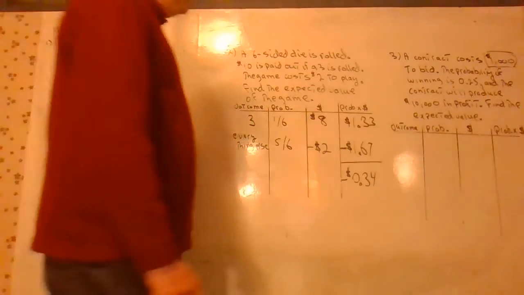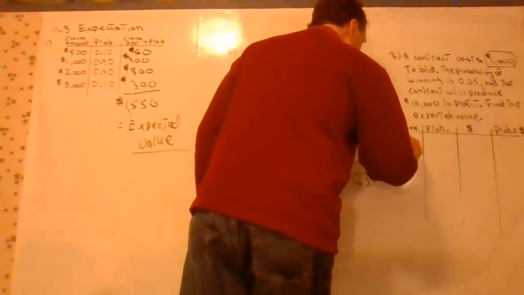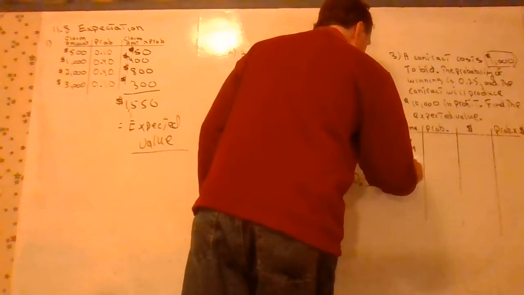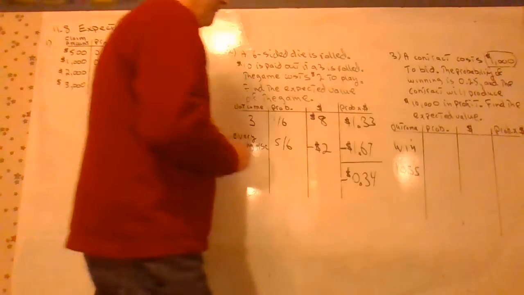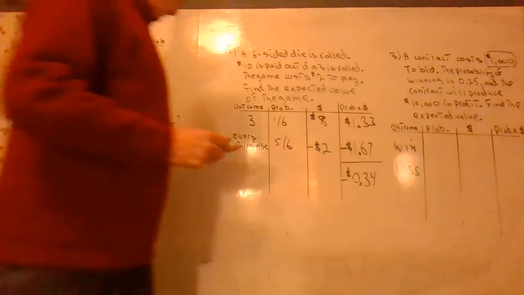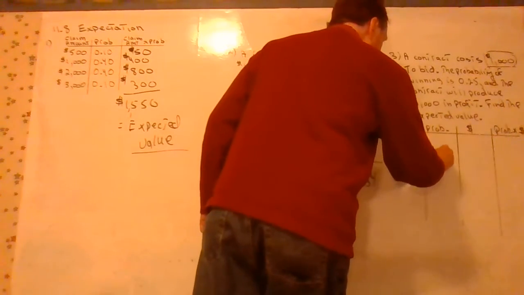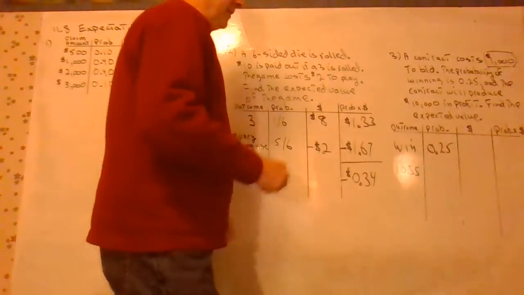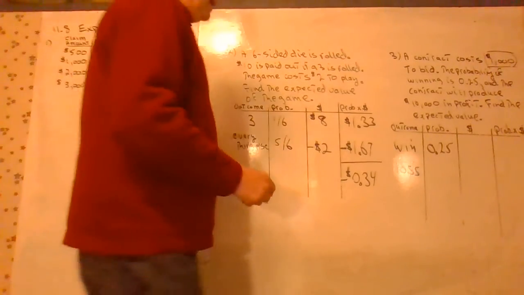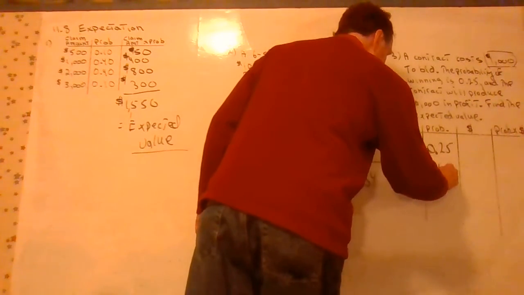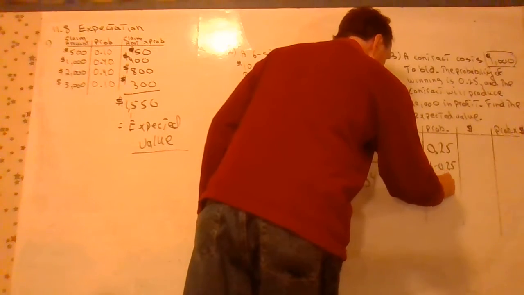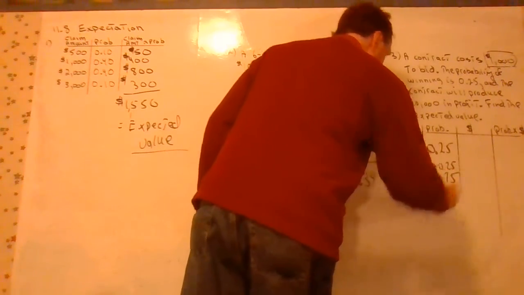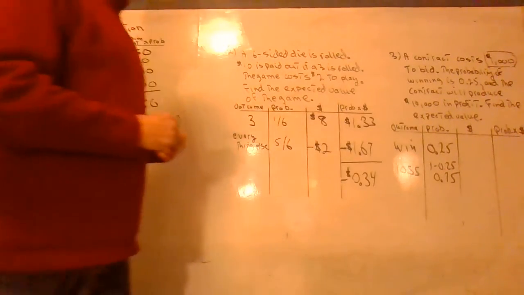So outcome, there's basically two outcomes, win and loss, okay? Probability of winning, 0.25. Probability of losing is not winning, 1 minus 0.25, or 0.75.